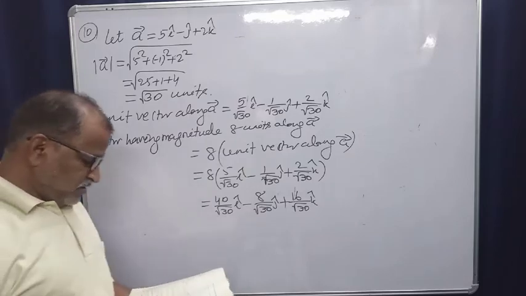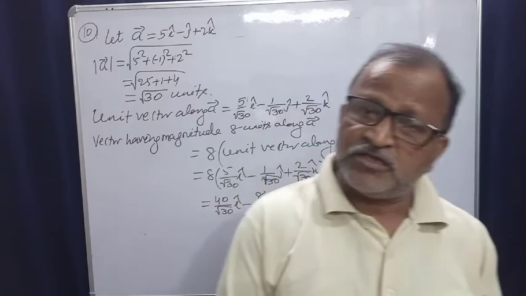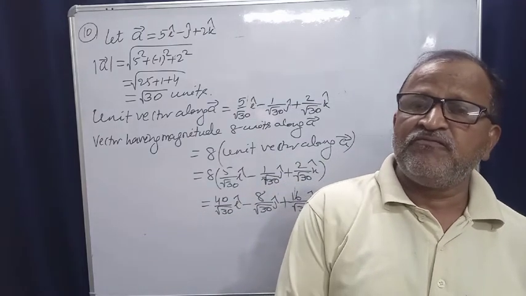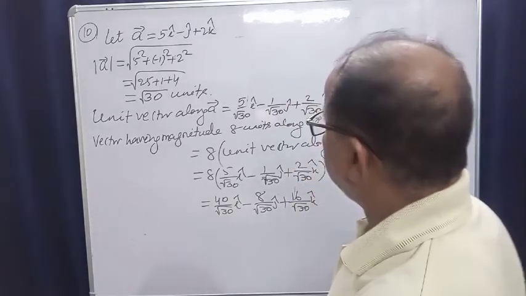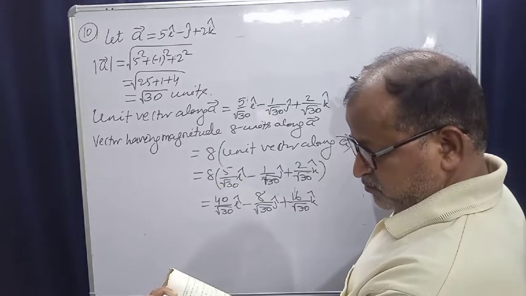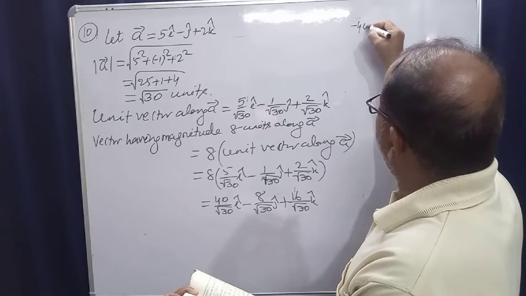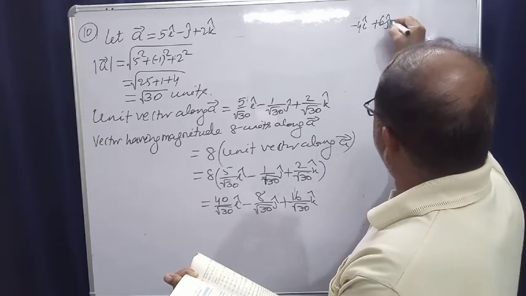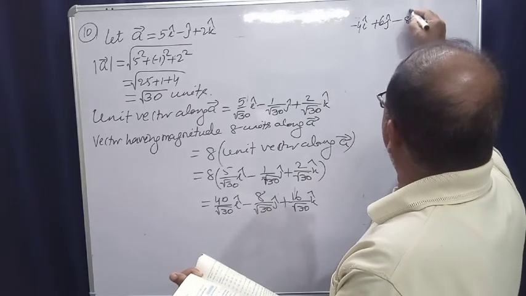So the vectors, this and this, are collinear. When will two vectors be collinear? Yes, if one is the scalar multiple of the other. Let us see. Here, suppose minus 4 i cap plus 6 j cap minus 8 k cap.